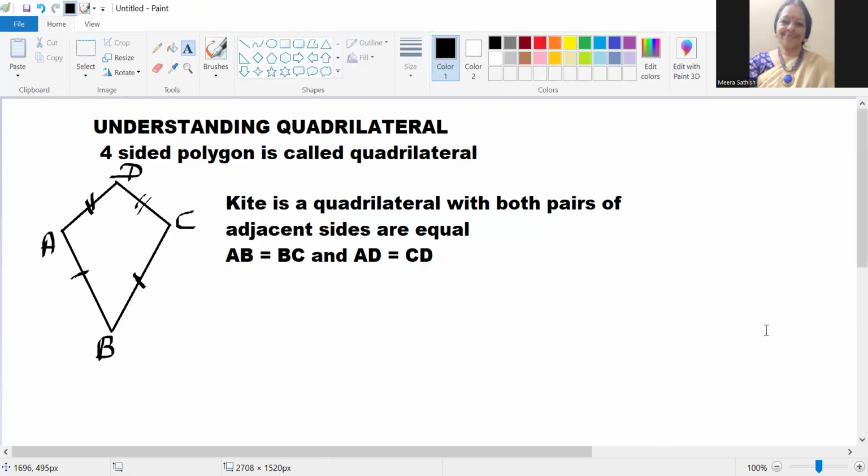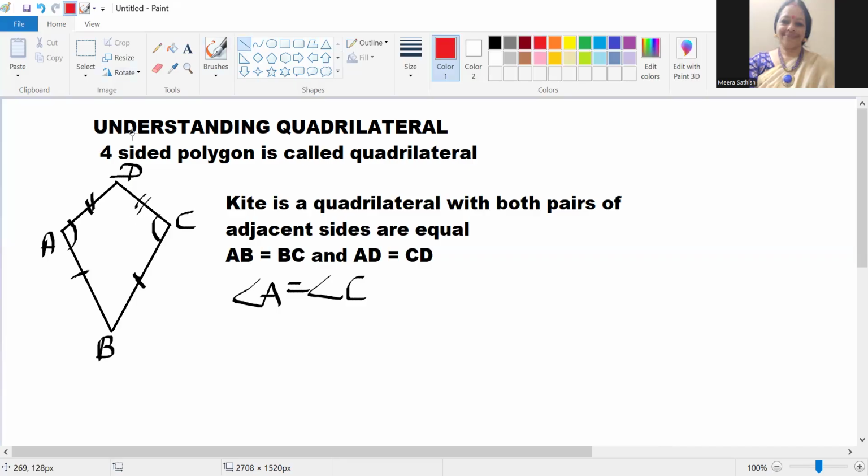And another speciality: this angle and this angle are equal. How do you identify those angles? The angles formed between two non-equal sides. Those opposite angles are equal.